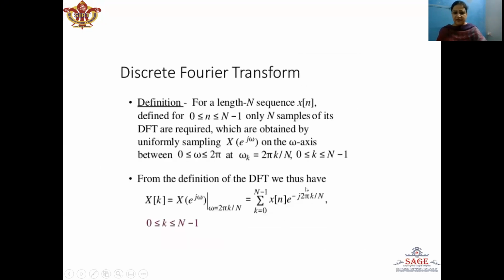So in brief, the discrete Fourier transform is obtained by uniform sampling of X(omega), which is the DTFT, on the omega axis. The definition of DFT is given by the expression which we have already discussed in the previous slides.